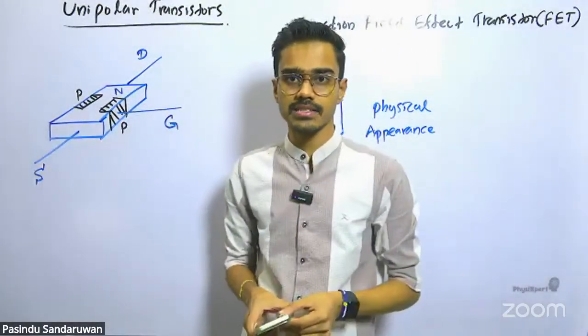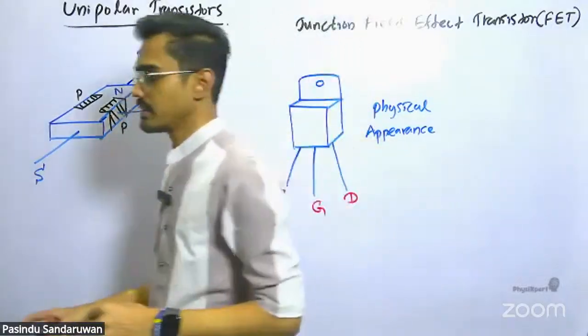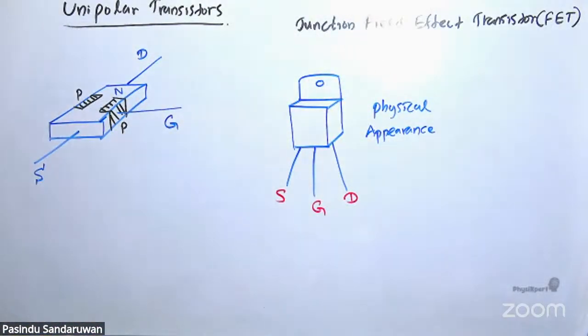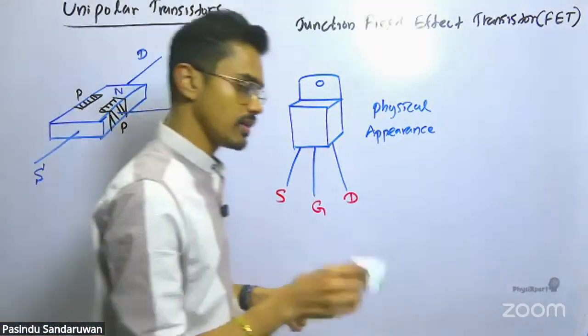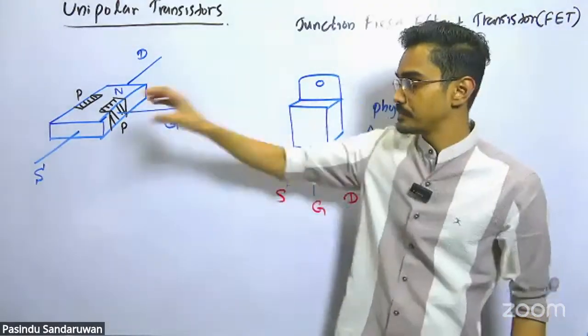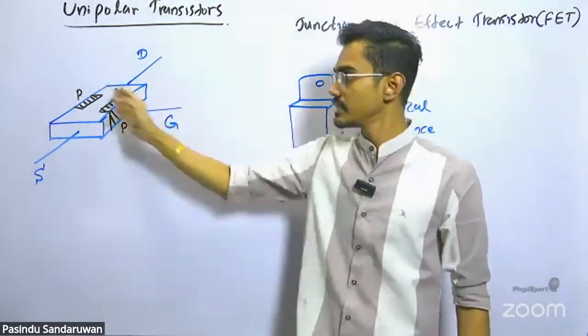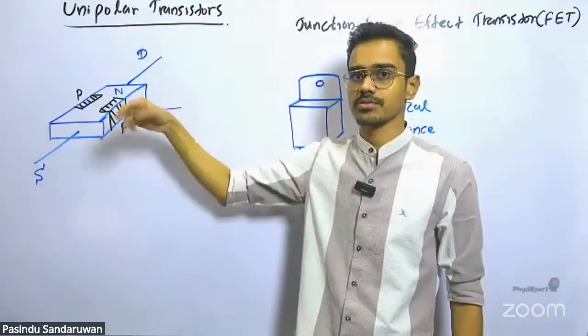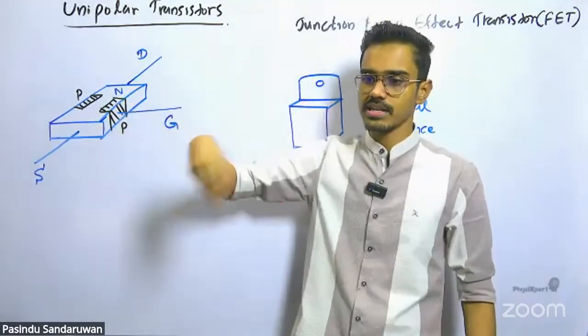Then how many PN junctions? Only one, because one N and one P. But when you take a side elevation like this, you'll see P at both sides, but there's only one PN junction because that is wrapped around this.